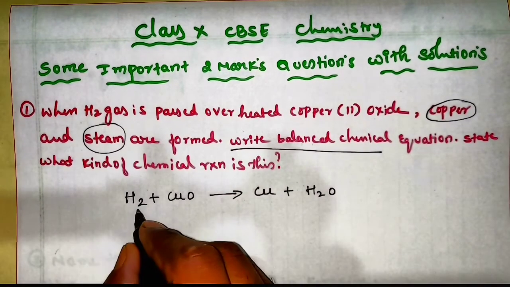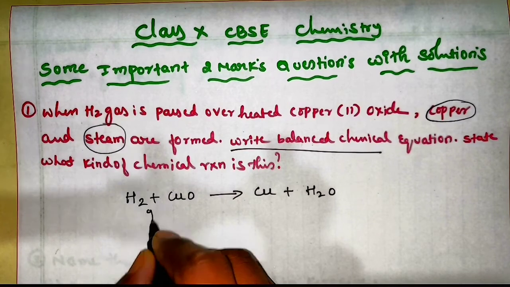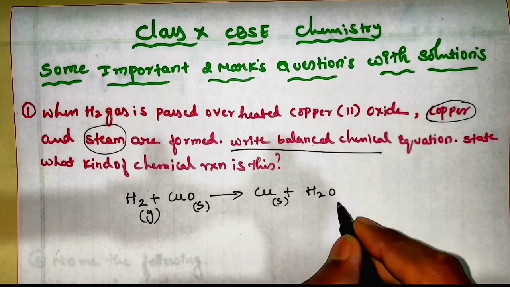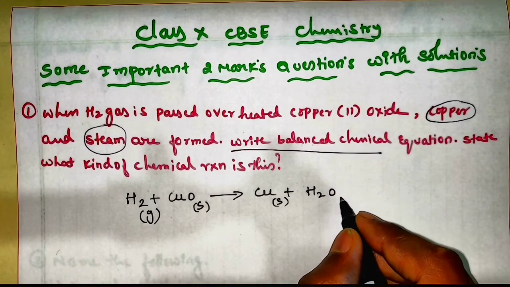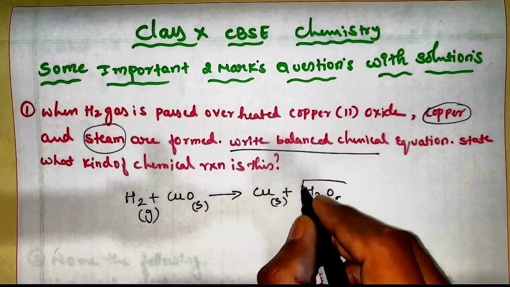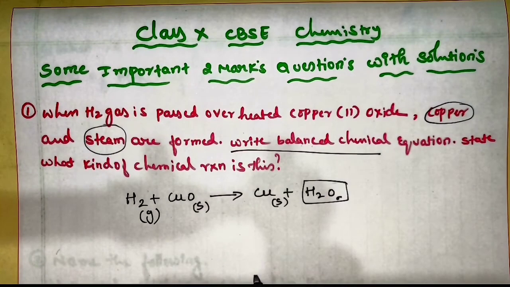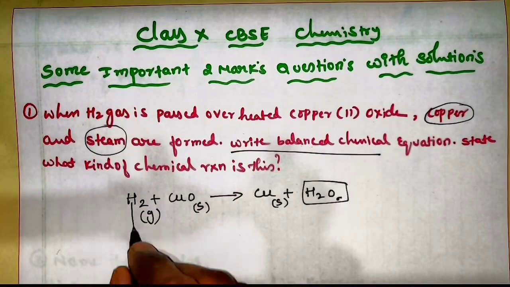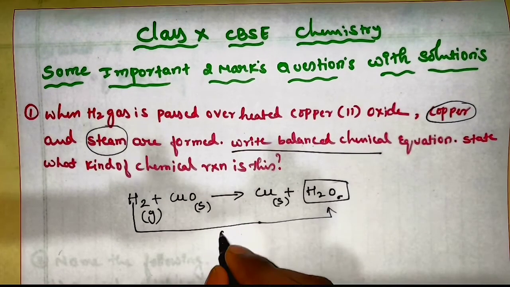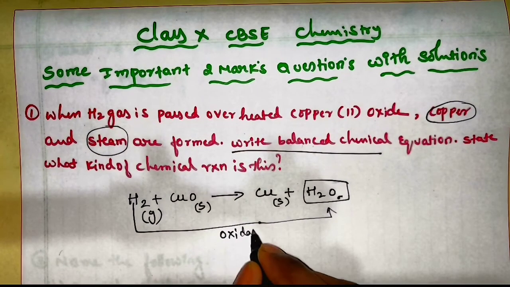So here we have passed hydrogen gas over copper oxide, and we got copper and water. This is steam, so steam means water we got. What type of reaction is it? Firstly, we will see this. From H2 to H2O it becomes, so it undergoes oxidation.